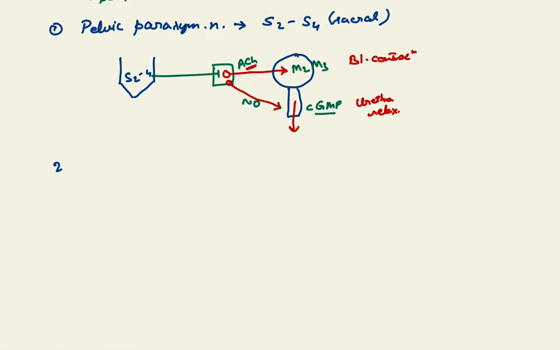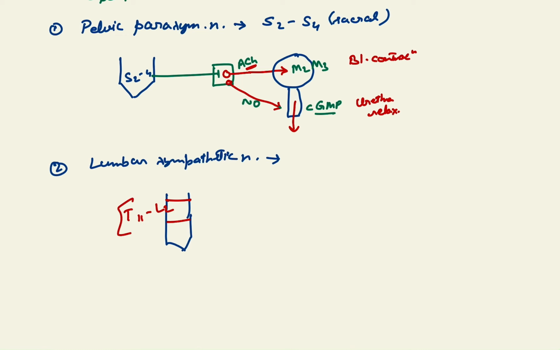Coming to the second part, the second nerve supply is the lumbar sympathetic nerves. These nerves generally originate from the thoracolumbar outflow. We know that the sympathetic outflow is thoracolumbar. So if we have to draw it, we can draw it like this, from T11 to L2.